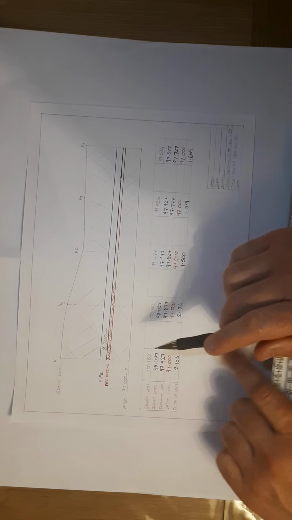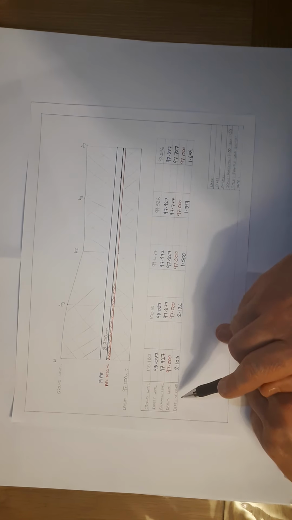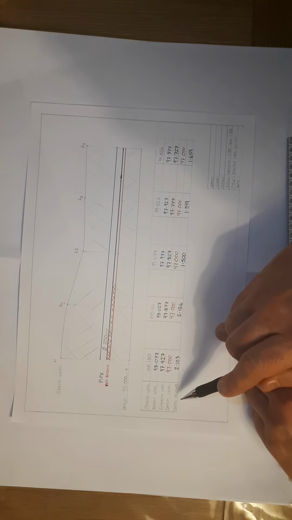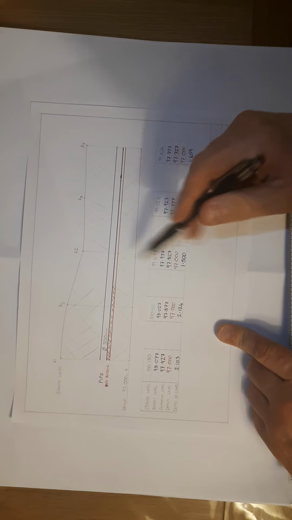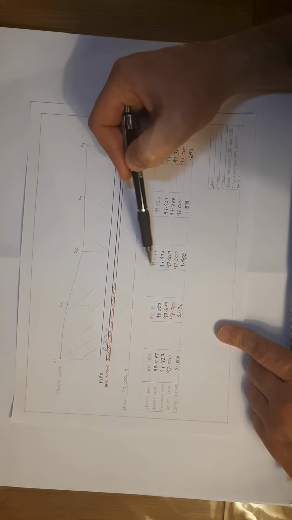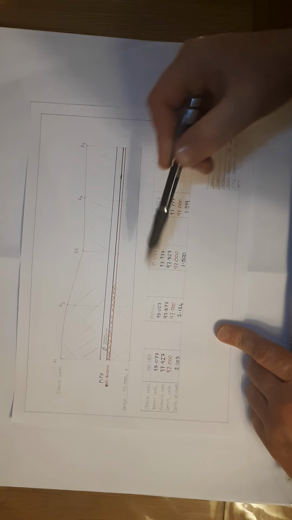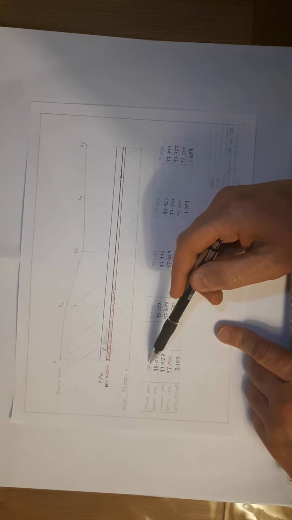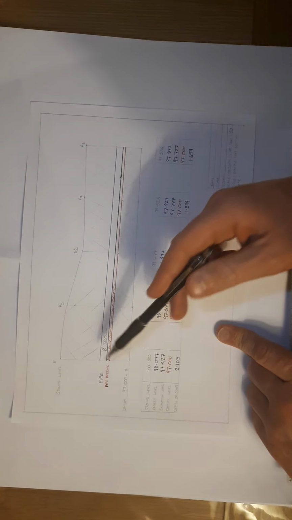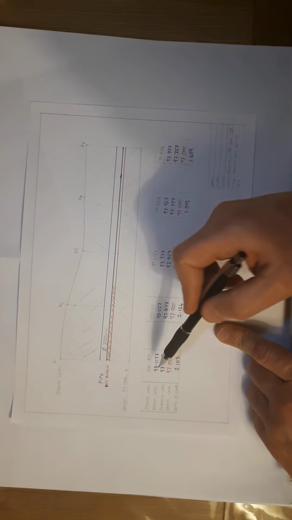And then finally, just to finish off, just to confirm that we meet the criteria which we were given in the question, which was a minimum depth of cover of 1.5 to the cover level. I started off at A2 and just subtracted the invert level from the ground level at point A2, and then went back and did the same for the remaining points, so A1 through to A3.